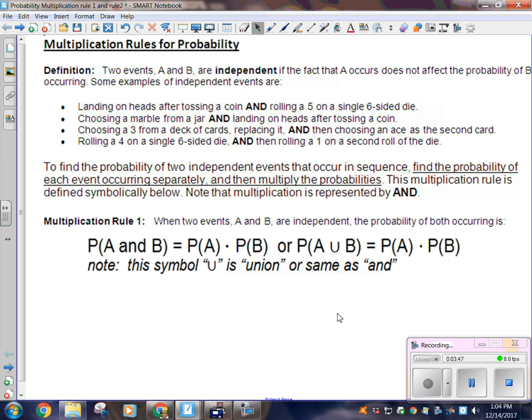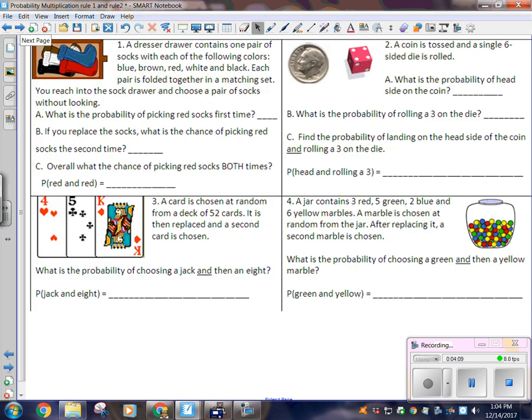I used to always teach it with the word "and," but on the exam, they're going to start to show you the union. When you see union, you know that means bring the things together. That's like "and." So the probability of A union B, two things happening together, is the probability of A times the probability of B. I'm trying to update what I've used before to make sure that you at least know what the probability looks like.